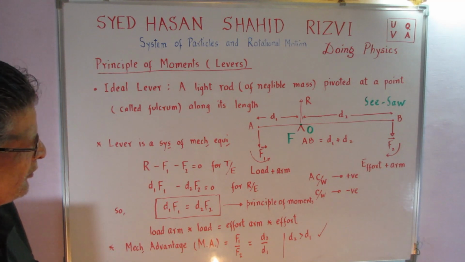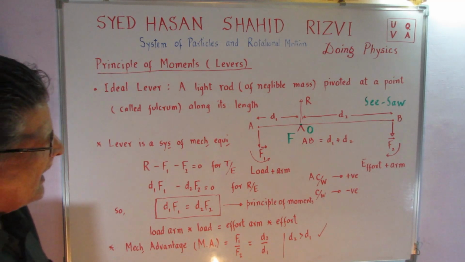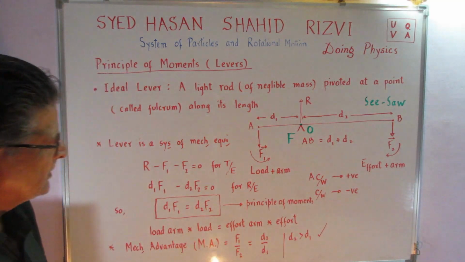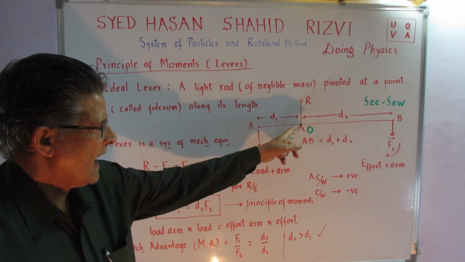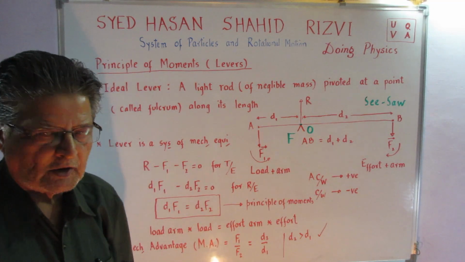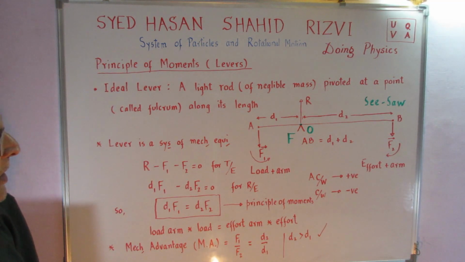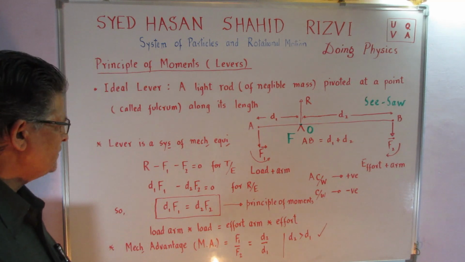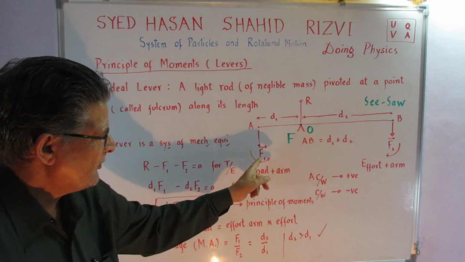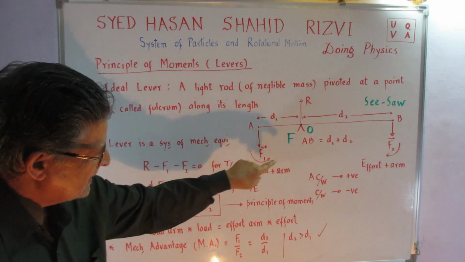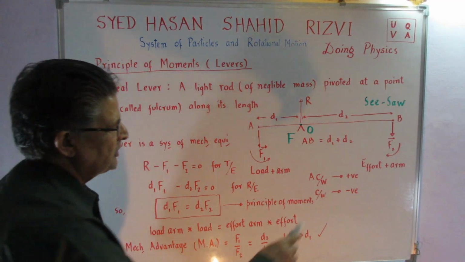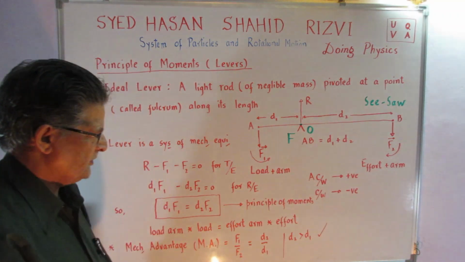And for the rotational equilibrium, R is lying on the same line, so there is nothing for it because its distance from the fulcrum is equal to 0. So what I get here is D1 into F1, which goes in this sense, and D2 into F2, which goes in the opposite sense.